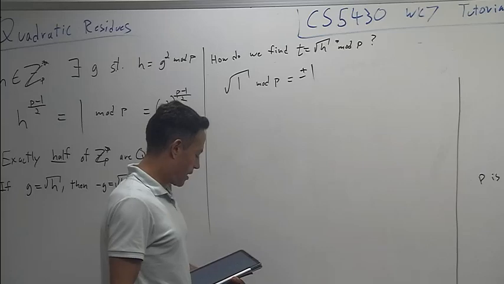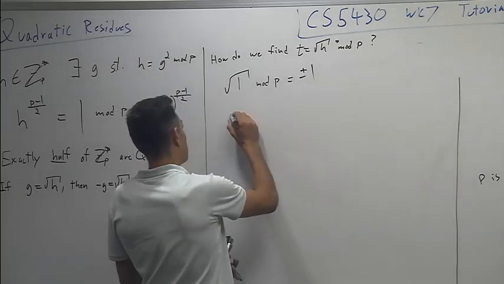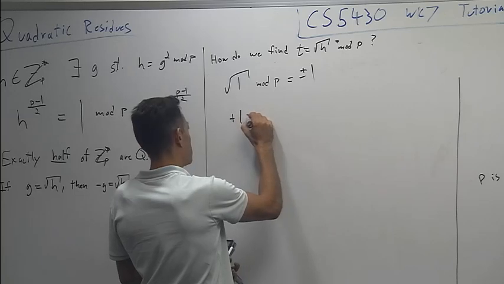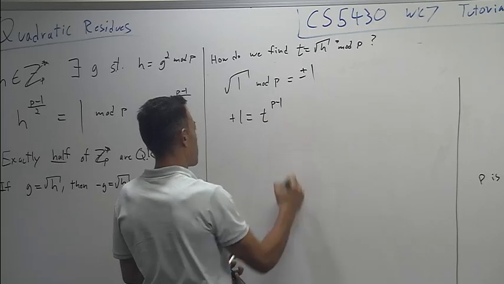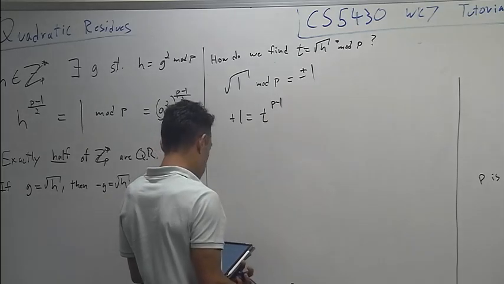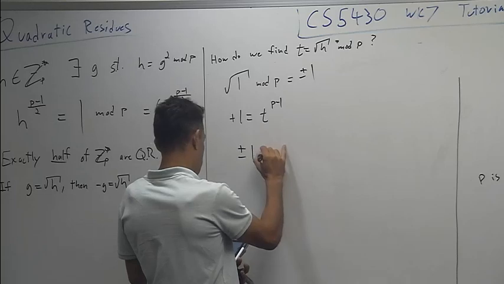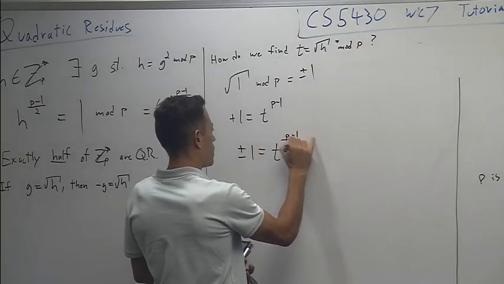And what did we say? Plus 1 is equal to t to the p minus 1. Combine those two, and we say plus or minus 1 would be equal to t to the (p minus 1) over 2.